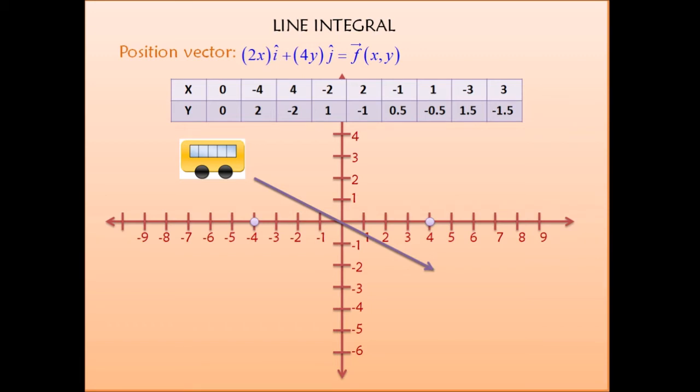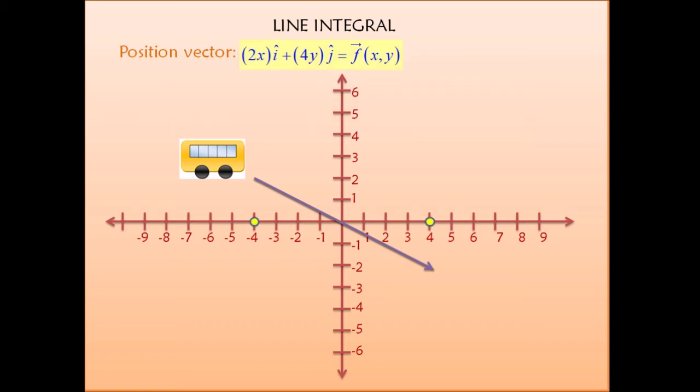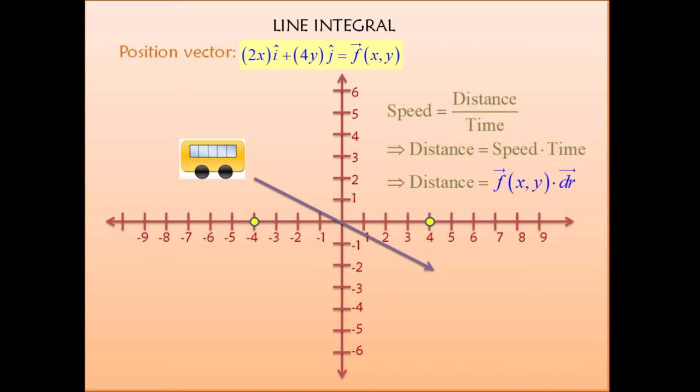Now we come back to this position vector. Since this is the speed and we need to find the distance, we will use the formula speed equals distance upon time. Since we need to find the distance, we get distance equals speed into time. Since the speed is actually f vector xy, we will write f vector xy in place of speed, and let us say that we are considering dr vector as the time.